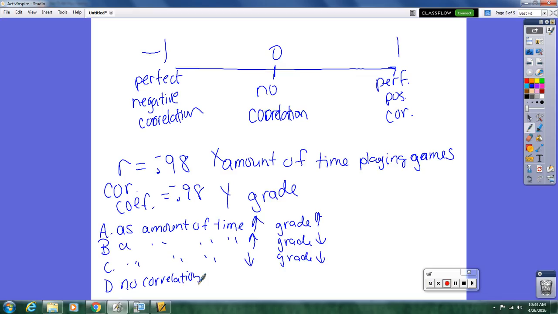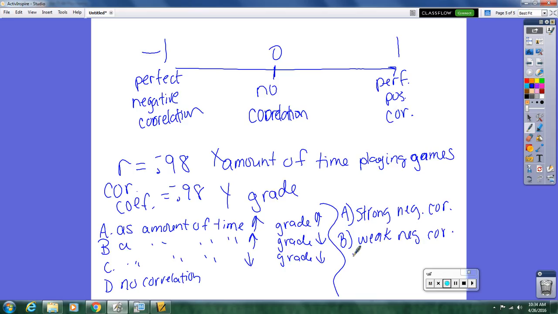Or another way they could say this, that's one way. Another way they could say is a strong negative correlation, a weak negative correlation. You could probably guess what I'm about to say.